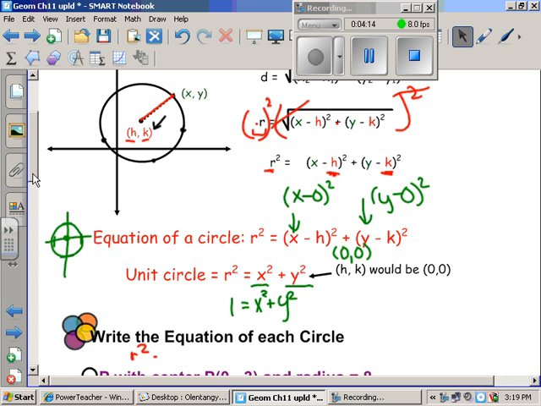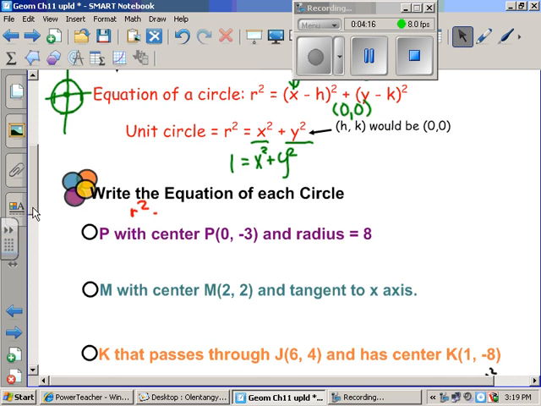Now, let's do some more interesting ones. If I'm going to write the equation of a circle, all my centers got deleted. It has a center at 0, negative 3, and a radius of 8. Again, remember, my formula is r squared equals x minus h squared plus y minus k squared.